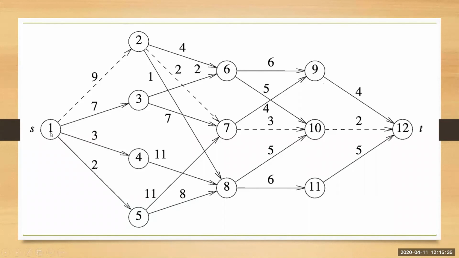Next, C of 1 comma 4 plus cost of 2 comma 4. Next, C of 1 comma 5 plus cost of 2 comma 5.